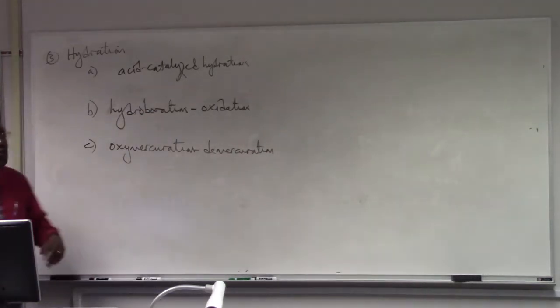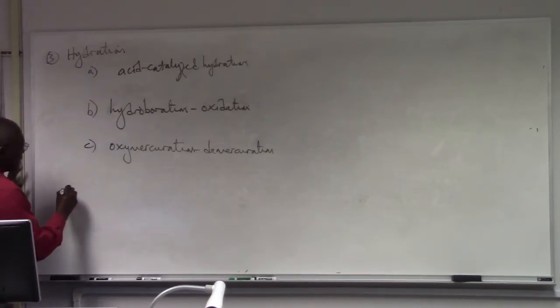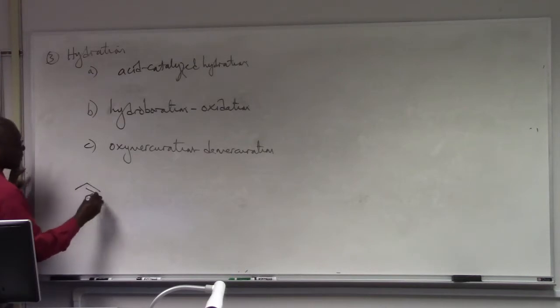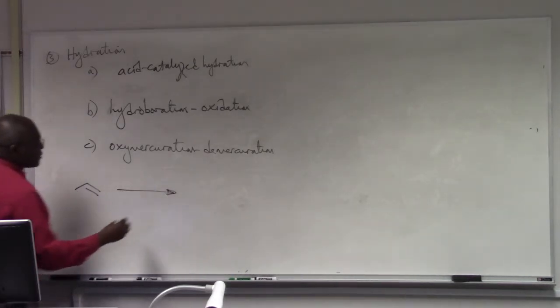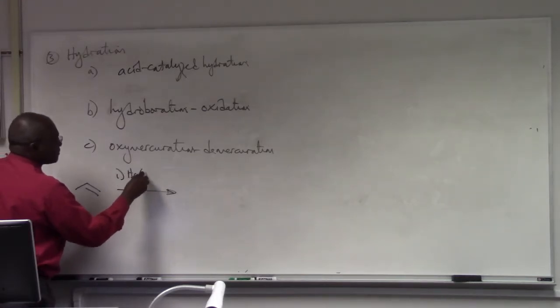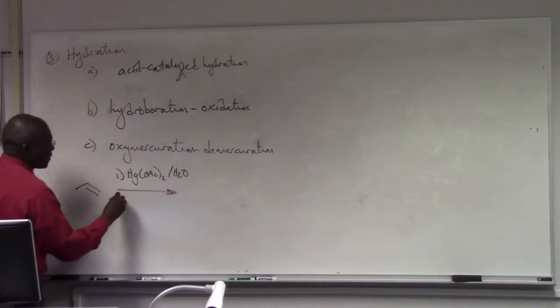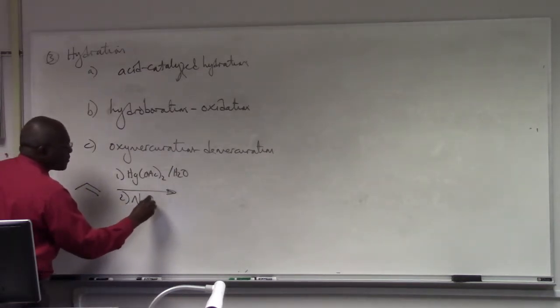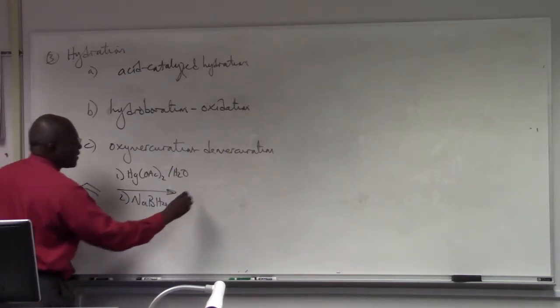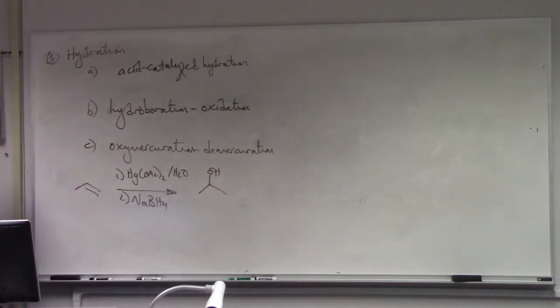And let's do C first, which keeps it in context. So if I take the alkene and I treat it with mercuric acetate in water, followed by sodium borohydride, I'll give rise to the secondary alcohol in almost quantitative yield.